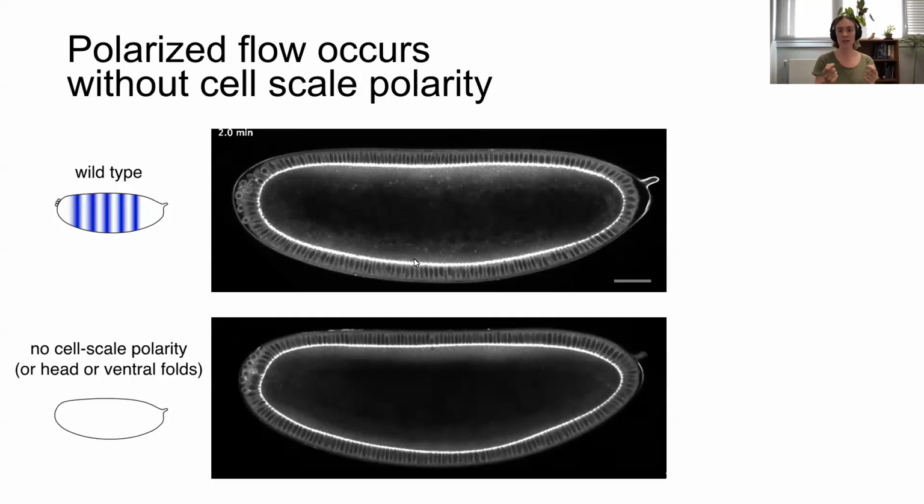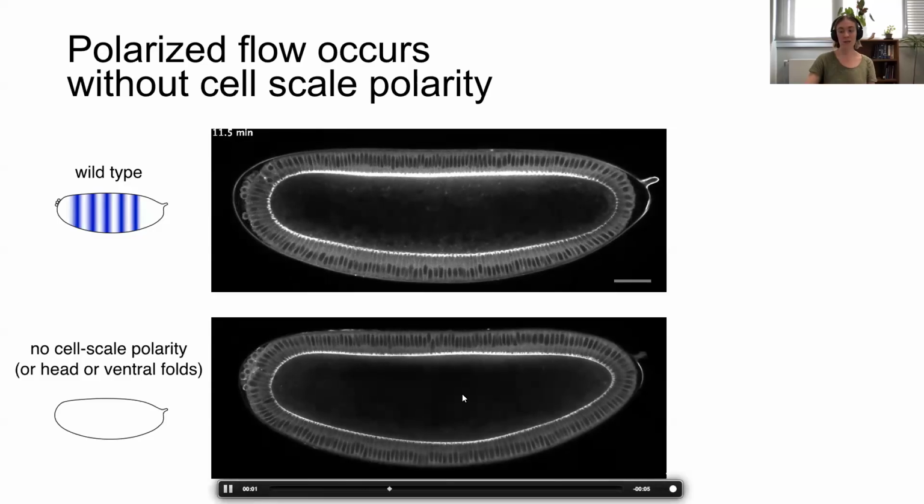Somehow they're sensing the direction that they need to go and they're actively moving that direction. And we know that this feature of cell scale polarity can definitely play an effect on later phases, even just after this onset of polarized flow. So we thought it was a logical idea that somehow this cell scale polarity was playing a role.